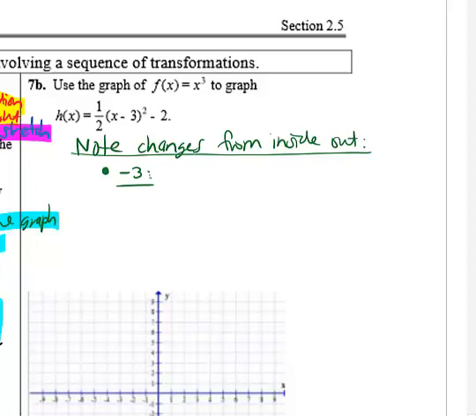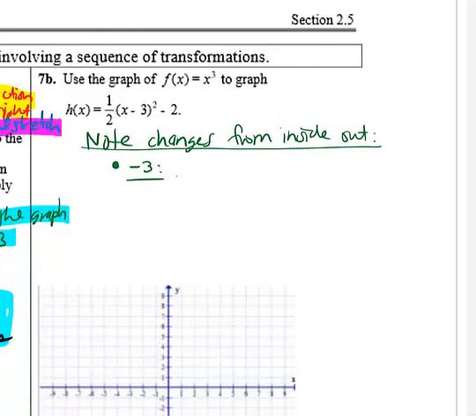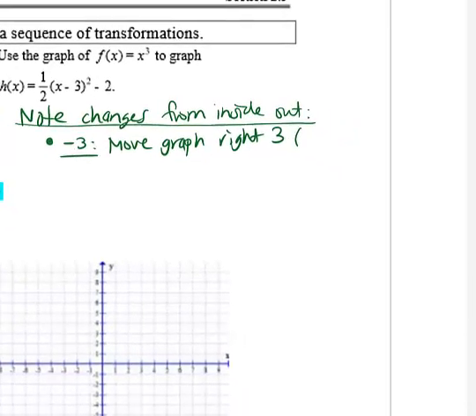And I know when you're adding and subtracting, that just shifts you left or right. The minus sign inside the function actually moves you to the right, which is the opposite of what I would think. I'm going to move the graph right 3. If you think about moving a point to the right 3, that adds 3 to the x values. X values, okay.